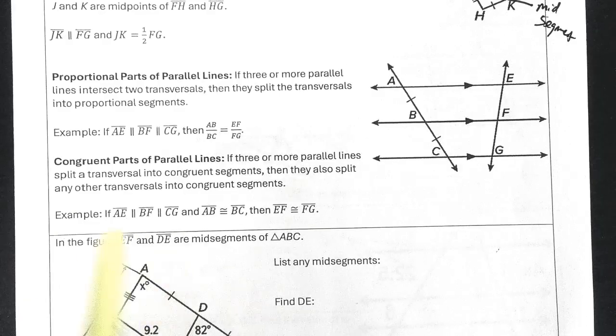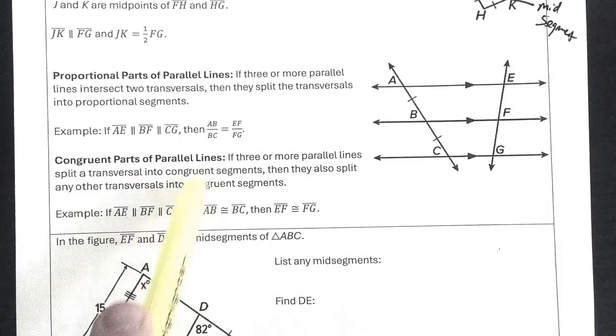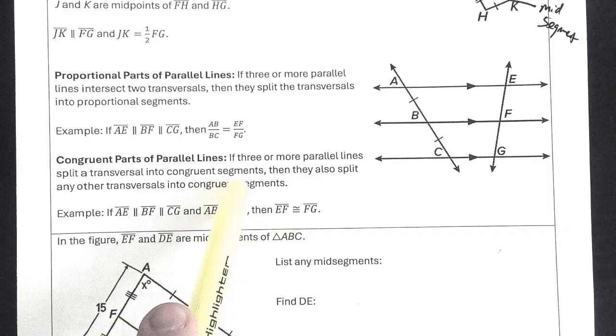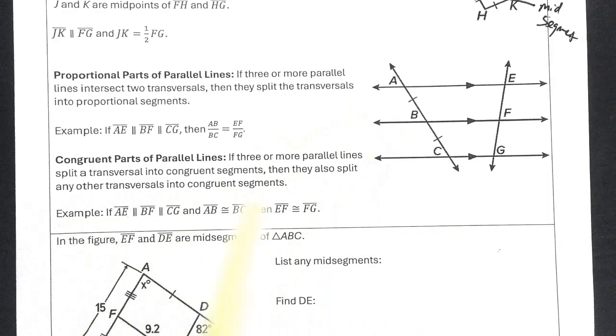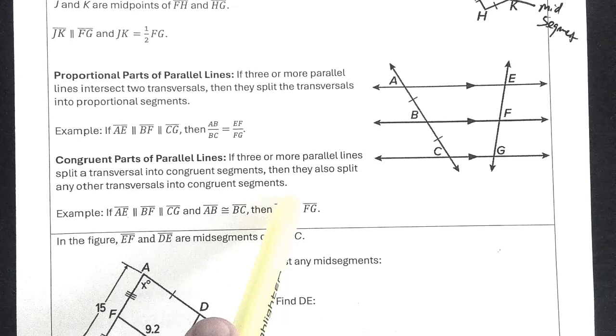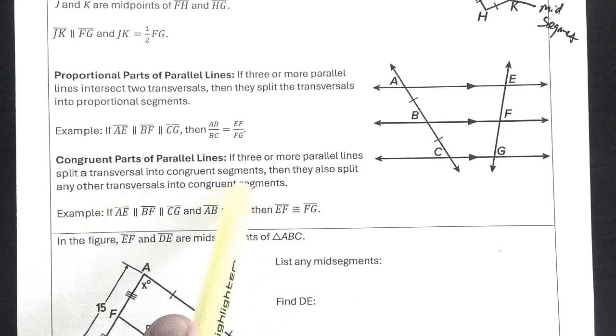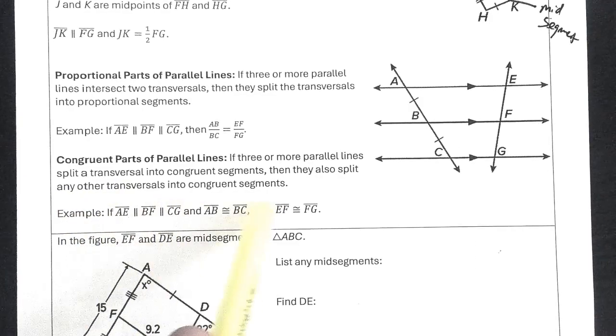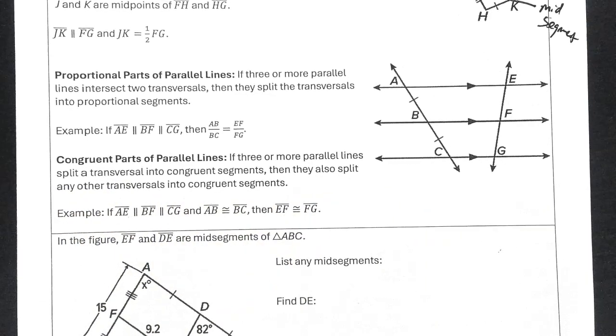All right, and then congruent parts of parallel lines. So if 3 or more parallel lines split a transversal into congruent segments, like they're showing here, then they also split any other transversal into congruent segments. Okay, sorry, I got lost in the words a minute.